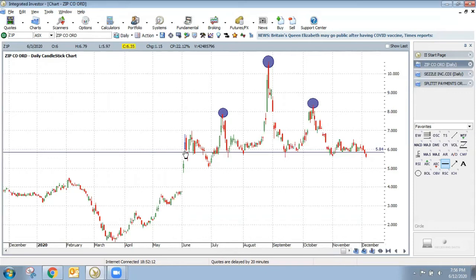As you can see from the top of that candlestick, looking at the data at the top there, the open was $6 on that day. So that could be $6 rather than $5.84. Either way, it could be semantics really, because it's still closed well below that point, even at the end of closing trade on Friday. So either way, it will be really intriguing to see what happens from this point onwards.